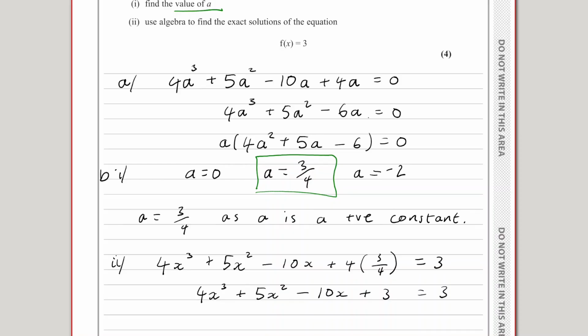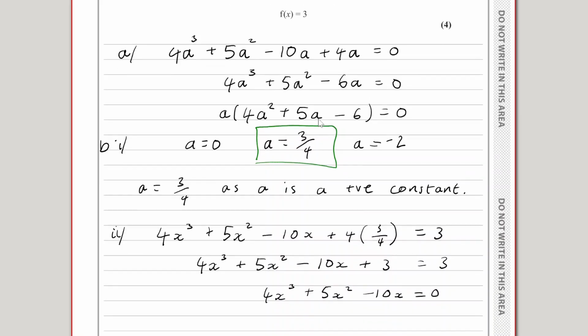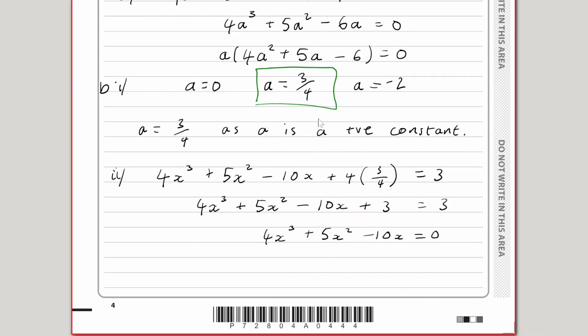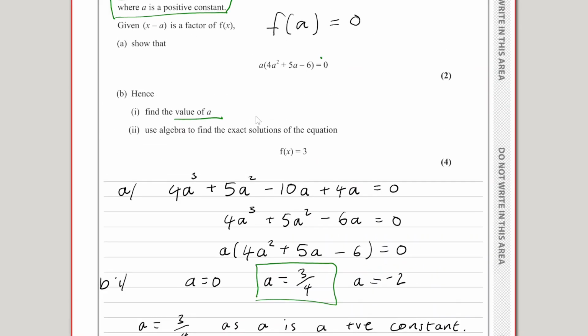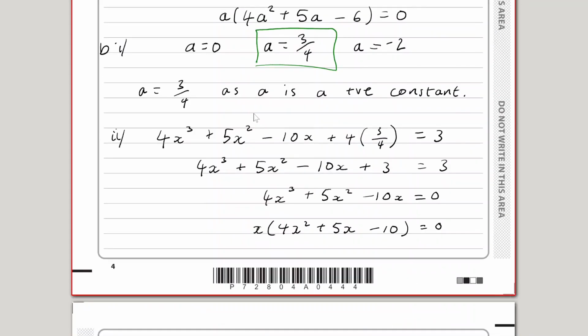And we can take 3 away from both sides. So we've got 4x cubed plus 5x squared minus 10x equals 0. So we can take x outside. So x times (4x squared plus 5x minus 10) equals 0. And then we're solving the exact solutions, so all the solutions.